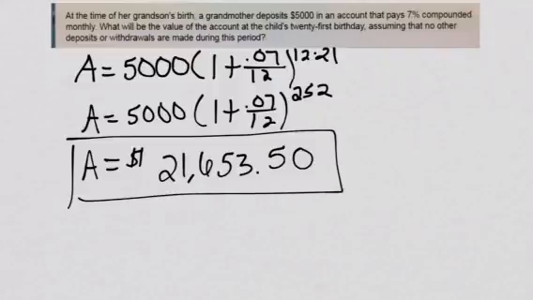Okay, so again, the way I got that was I took my calculator, I did the 0.07 divided by 12 first, found that value, added it to 1, got that answer, immediately raised that to the 252nd power, got that answer, and then multiplied it by the 5,000 to get the $21,653.50. So just make sure, it's just a matter of plugging in, being able to pick out your P, your r, your n, and your t, and then just plugging them into the formula and being able to simplify it.